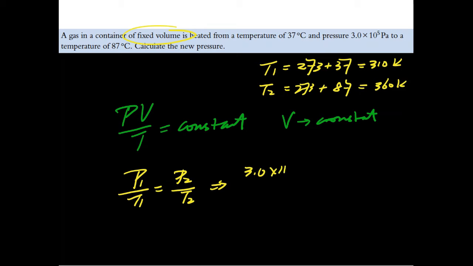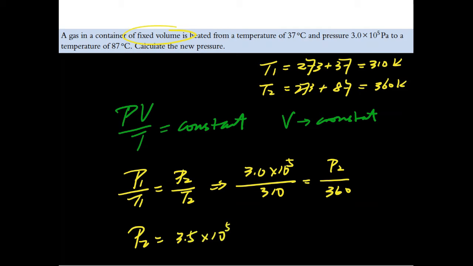P1 is equal to 3 times 10 to 5, T1 is 310, equals P2 over 360. And that gives us P2 equals 3.5 times 10 to 5 Pascal. And again, we had to change temperature into Kelvin.